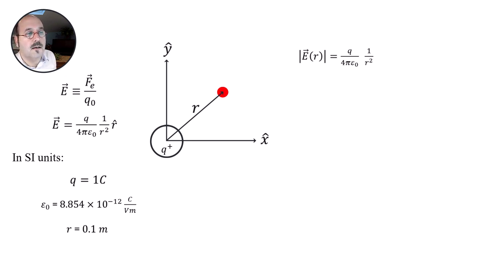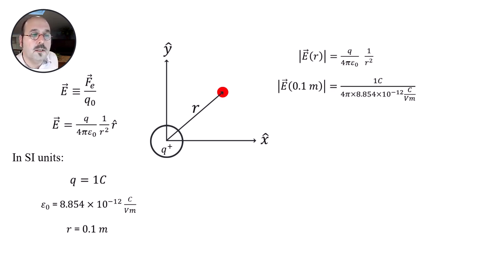If I say the magnitude of E of 0.1 meters, to be very explicit here, then let's fill in the rest of our units. So Q we wrote down as 1 coulomb divided by 4 pi, and I'll say 8.854 times 10 to the negative 12 C per volt meter.